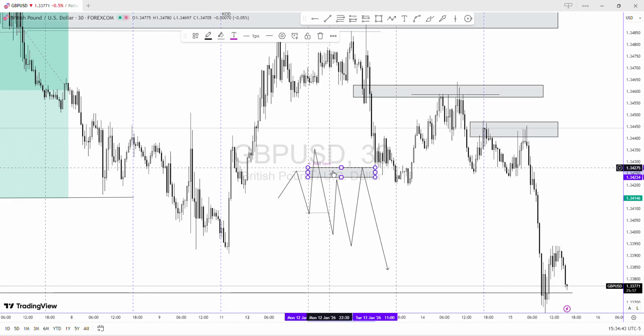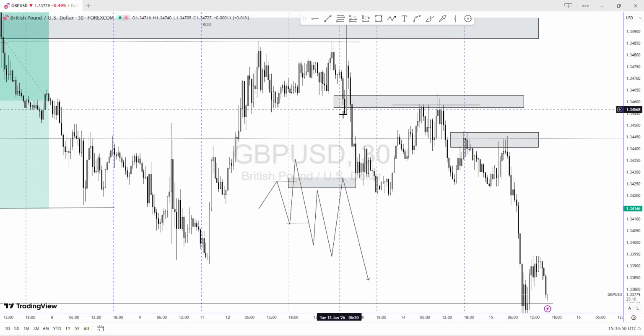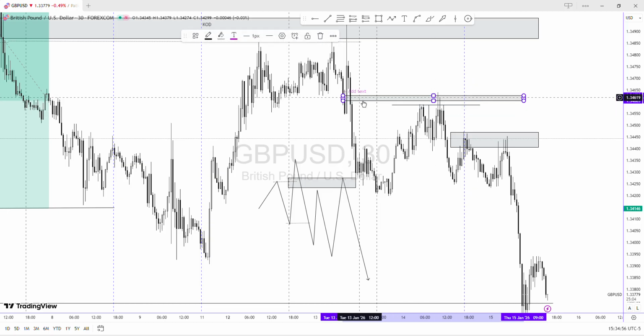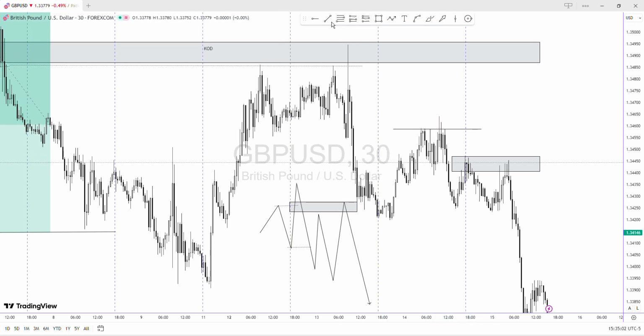That POI is your order block, your fair value gap, your breaker block, whatever. You see this place, it uses the breaker block here, right? It uses the breaker block and the fair value gap above it. So you see the same thing, the same markup here.